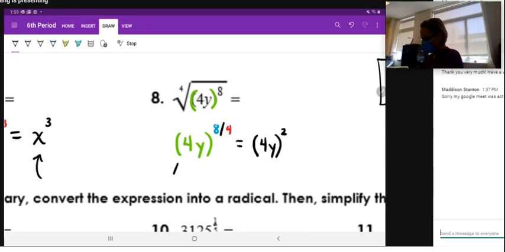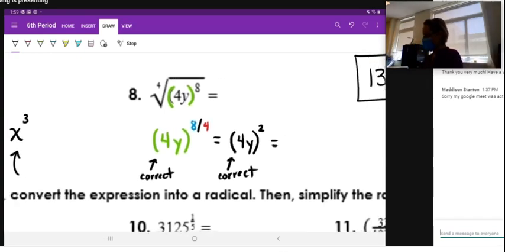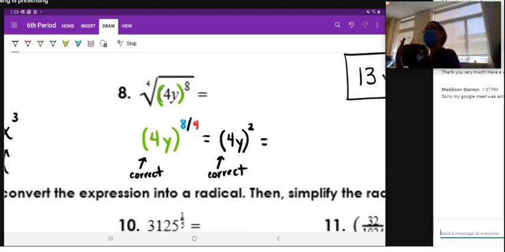So far, this is correct. But that still might not be the way the answer is written on a multiple choice test. So we might still have to be able to manipulate this a little bit more. The 4 and the y in parentheses are both being taken to the second power.